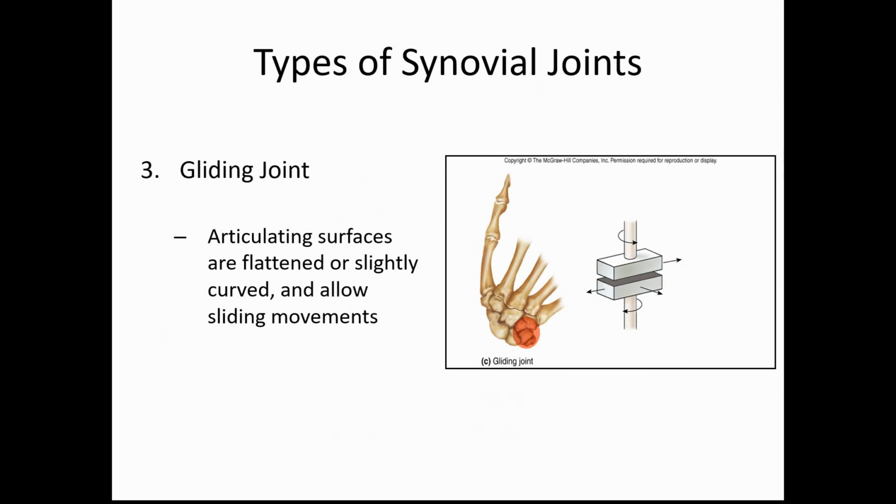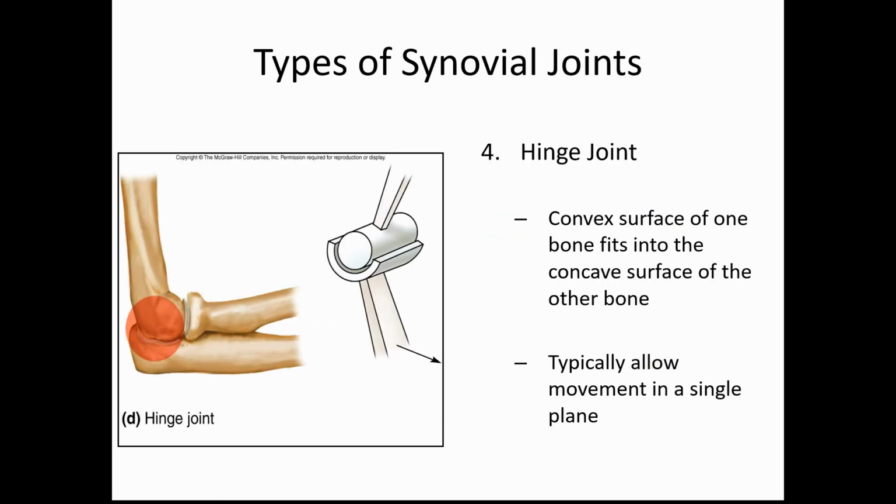A gliding joint or facet joint, as you can see, can do some rotation around the axis. It can do gliding or translation in different fashions here, but we can't do any bending to the side. There's no flexion. A hinge joint allows for that flexion, that bending of the joint, but it doesn't allow for translation or rotation.